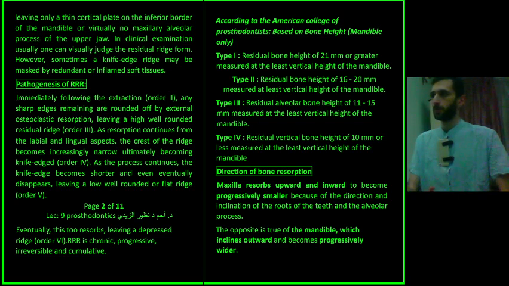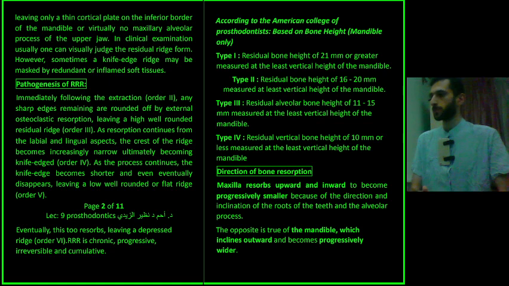As the process continues, the knife edge becomes shorter and even eventually disappears, leaving a low, well-rounded or flat ridge, order 5. Eventually, this too resorbs, leaving a depressed ridge, order 6.